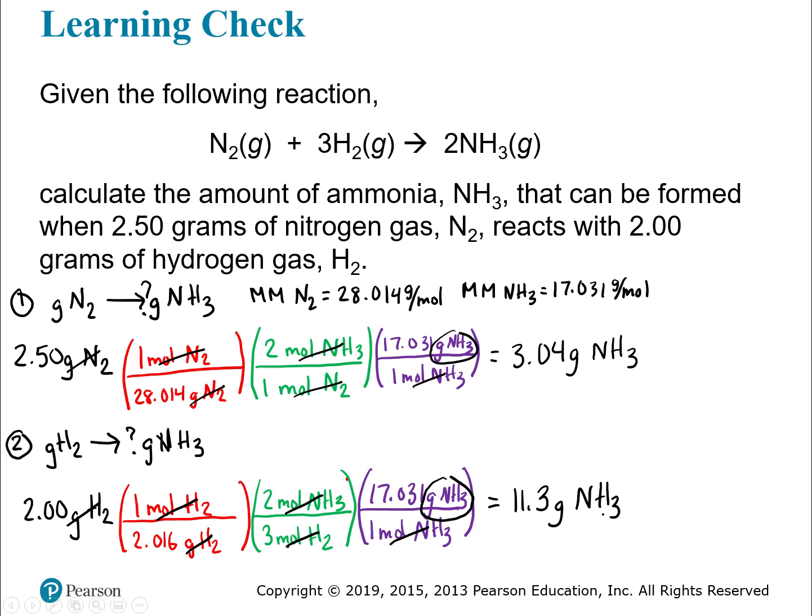So if you were to use up all of that hydrogen gas, you would make 11.3 grams of ammonia. We can't make both. We can only make one. So you choose the one that makes the least product, and that's 3.04 grams of ammonia.